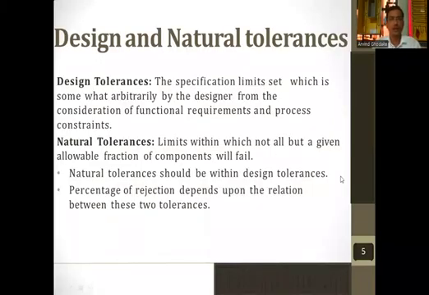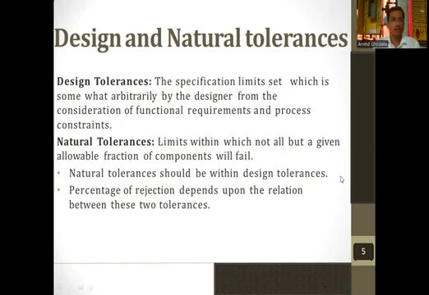Next are the design and natural tolerances. The design tolerance is the specification limits set, somewhat arbitrarily, by the designer from the consideration of functional requirements and process constraints. These specification limits are called the design tolerances.